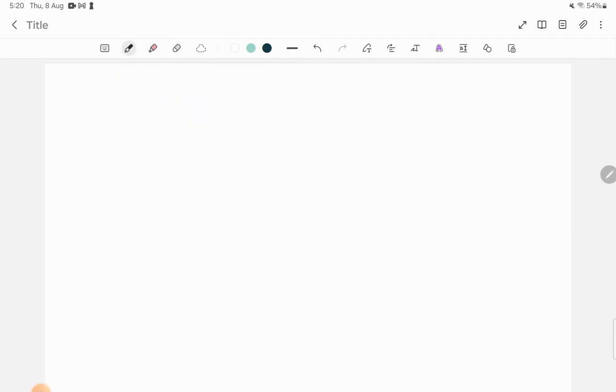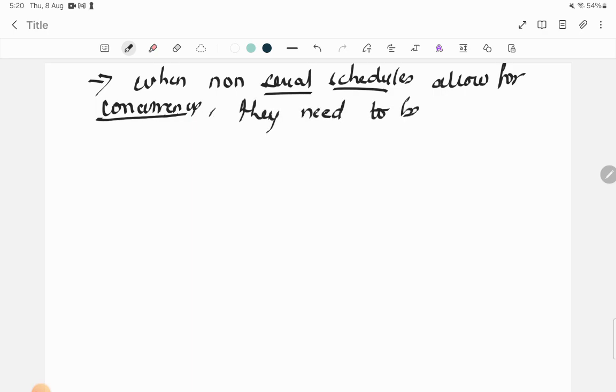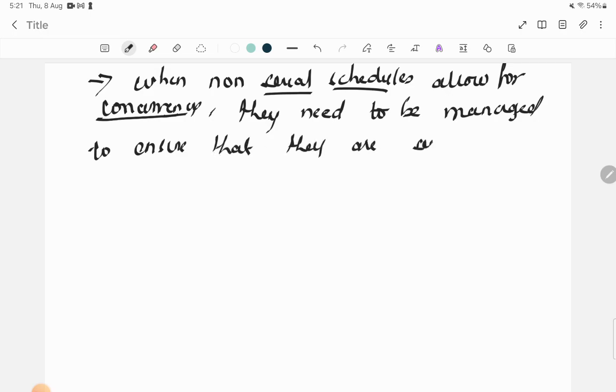So it means that when non-serial schedules allow for concurrency, they need to be managed to ensure that they are serializable.